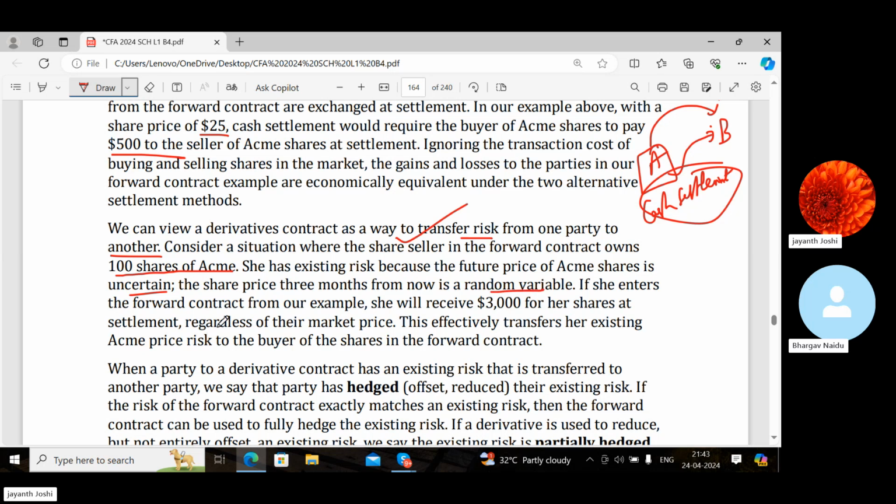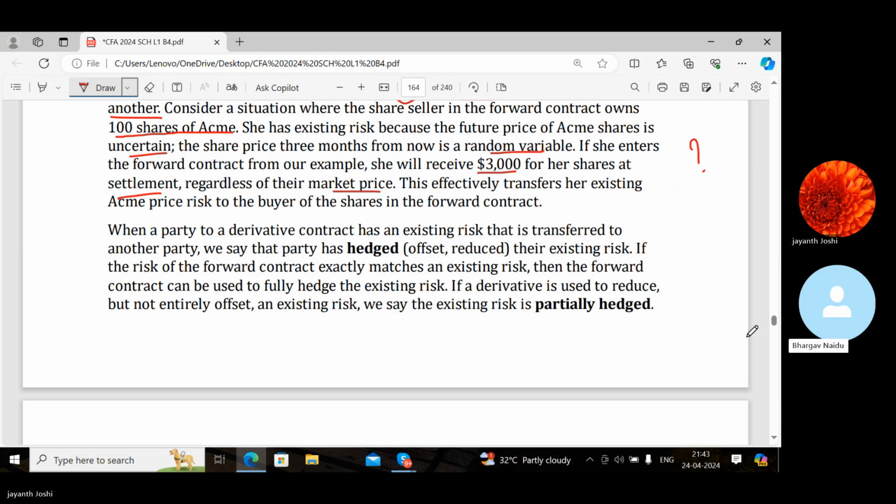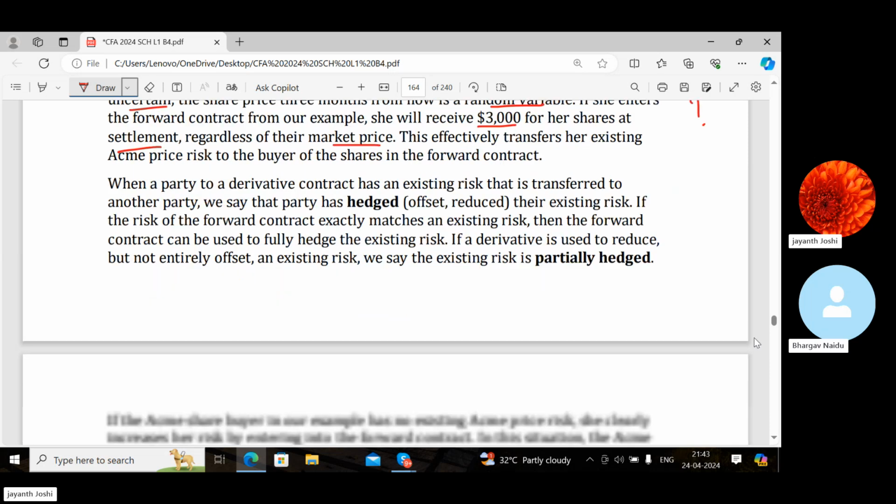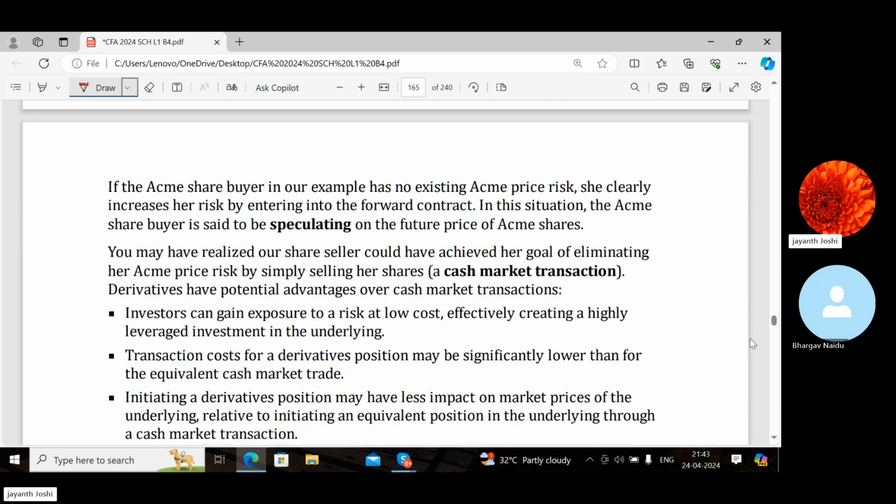If she enters the forward contract from our example, she will receive $3,000 for her shares at the settlement, regardless of their market price. So it's kind of hedging or not? It's kind of minimizing your risk by fixing a price. Yes, sir, it is hedging. We have just minimized our risk because we have fixed the price today itself.